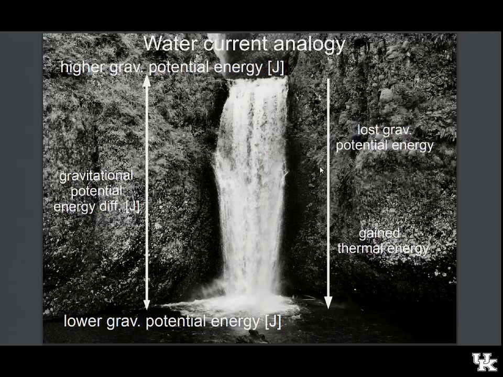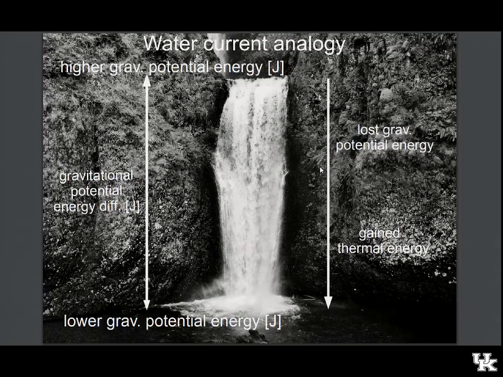Let's go back to, we'll go outside, go on the field trip, go to the waterfall on campus, and we're looking at the water flowing down the waterfall. It's flowing from greater gravitational potential energy to lower gravitational potential energy. So from an energy perspective, we're giving up gravitational potential energy. But we don't destroy it. It's turned into another form of energy.